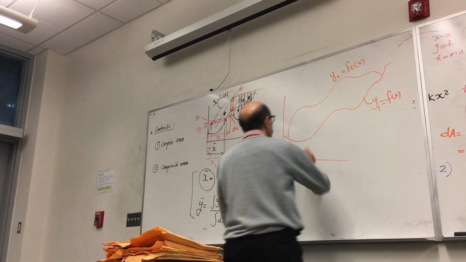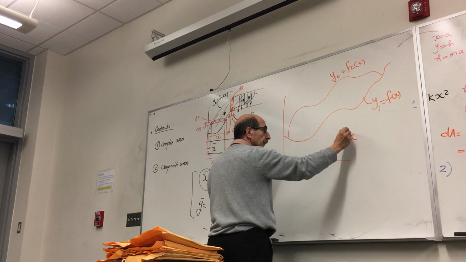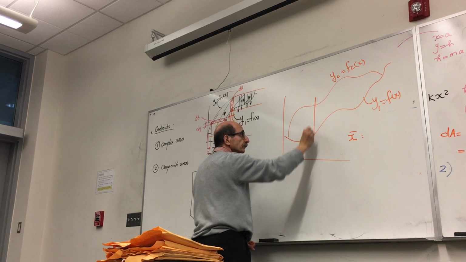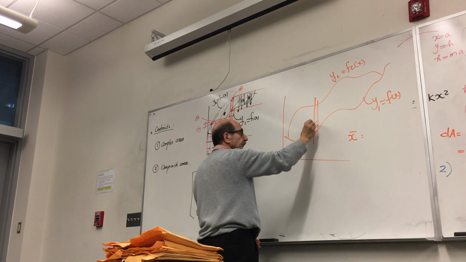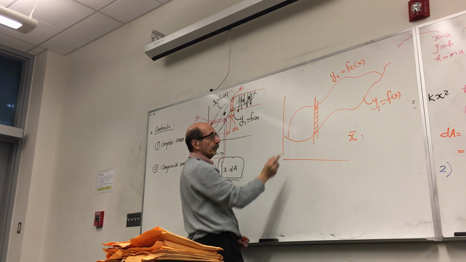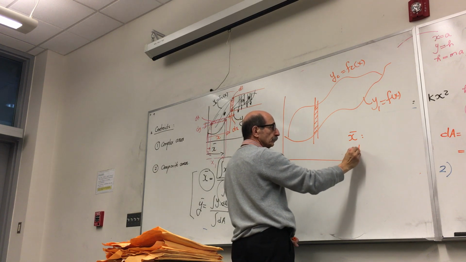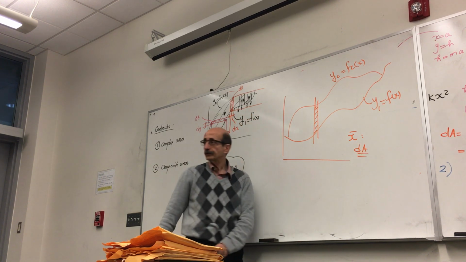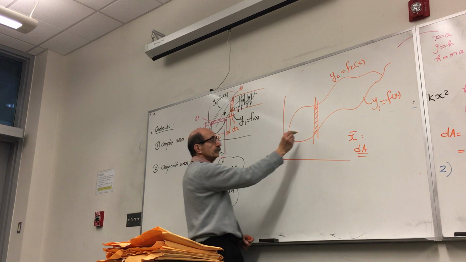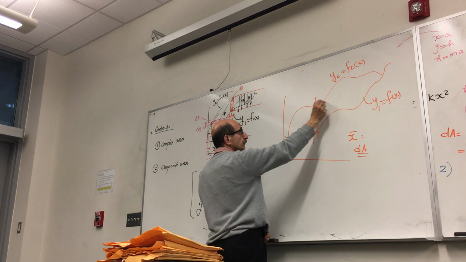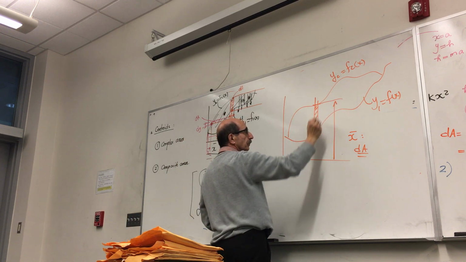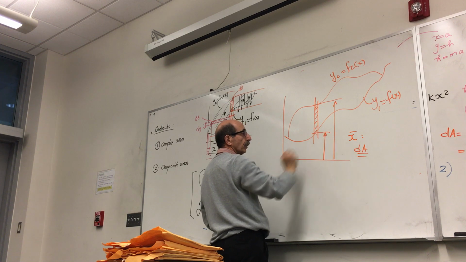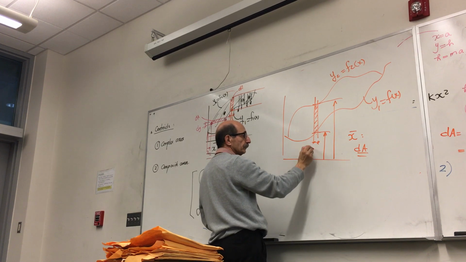For x bar, you need to consider a differential element like this, in other words, define a dA like this. What is the area of this dA? It is this minus this, times dx.